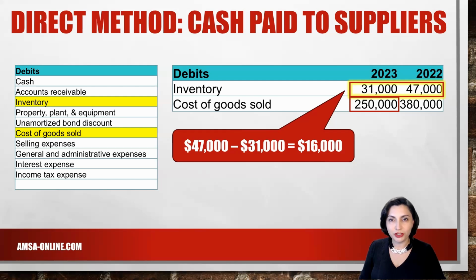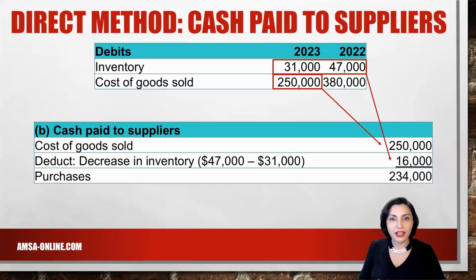Inventory is a balance sheet account and shows the balance as of the end of the year, so we need to subtract the ending balance from the beginning balance to find out all changes for the year. Inventory decreased by $16,000. We subtract the decrease in inventory from the cost of goods sold.